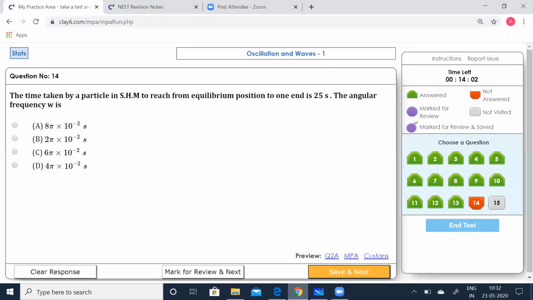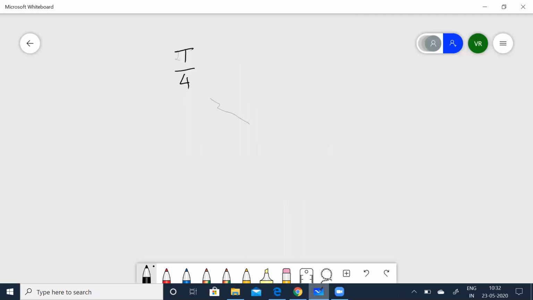The time taken to reach from one extreme to the equilibrium position is T by 4. Look into the question carefully, it takes 25 seconds. So T by 4 is equal to 25 seconds, and from this we infer that T is equal to 100 seconds.